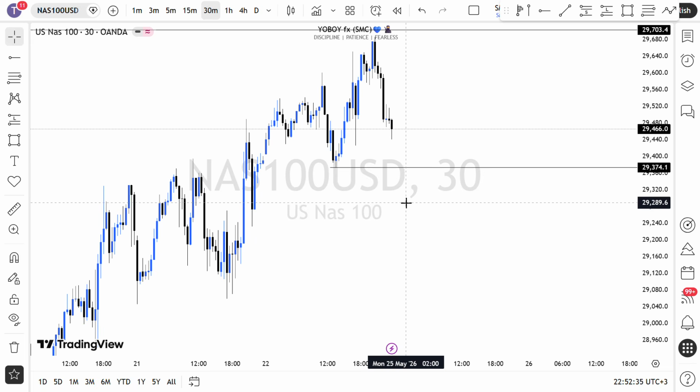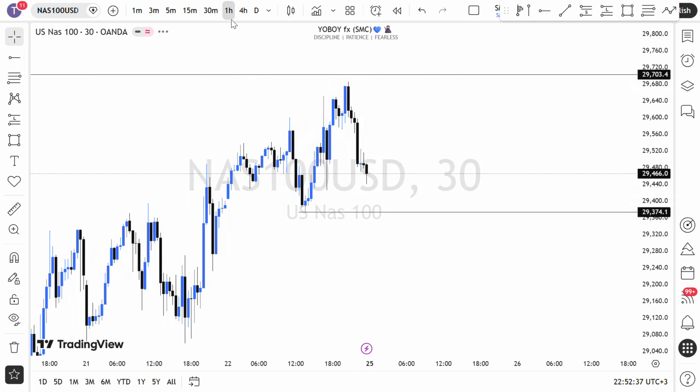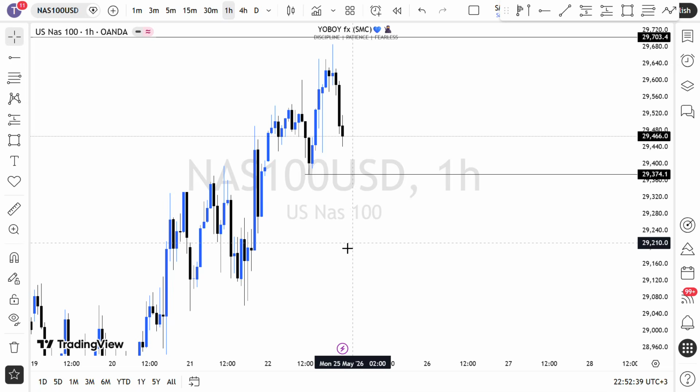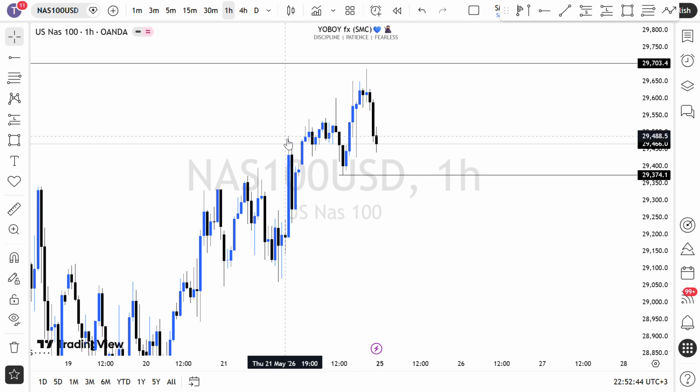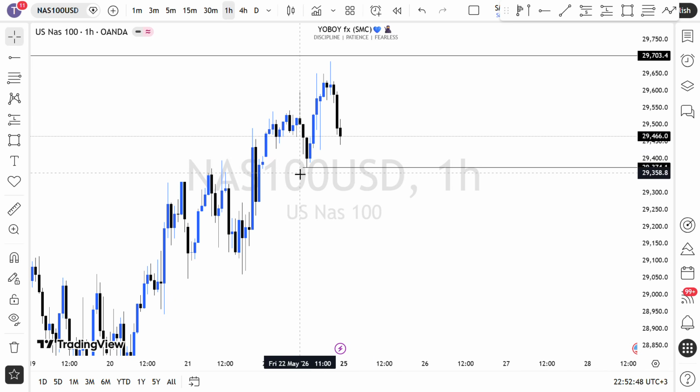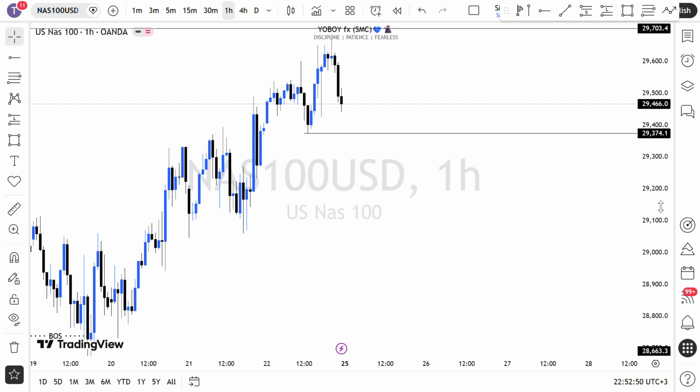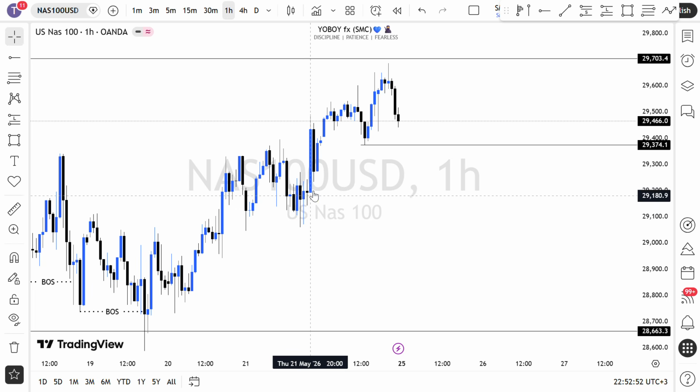So if I come into the 30 minutes time frame, into the 1 hour time frame as well. So if price will be looking to drop even lower, remember this pullback here didn't sweep any liquidity. So if price will be taking this low to the downside, I expect price to come up to around this area here where we had some consolidation.